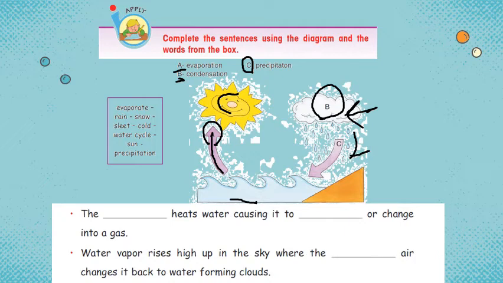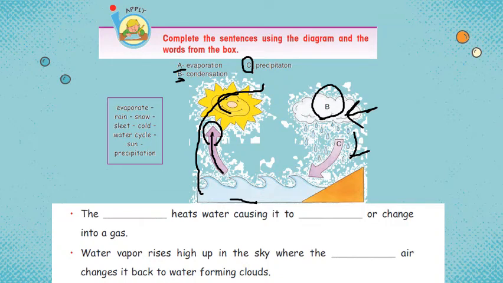So the first stage was evaporation, then condensation, finally precipitation, where the water droplets fall down back to earth. So the movement of water from the earth surface into the air, then back to earth surface, is called the water cycle.